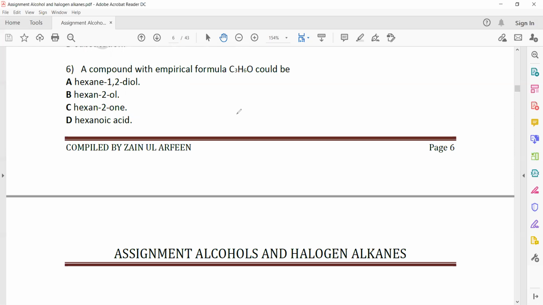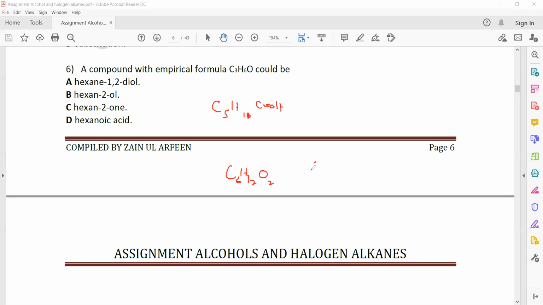So when we write hexanoic acid and draw the structure of hexanoic acid, it is C5H11COOH. So in total there are 6 carbon atoms, 12 hydrogen atoms and 2 oxygen atoms.